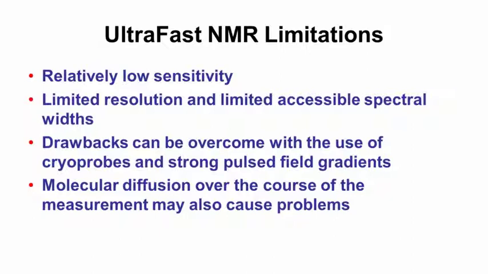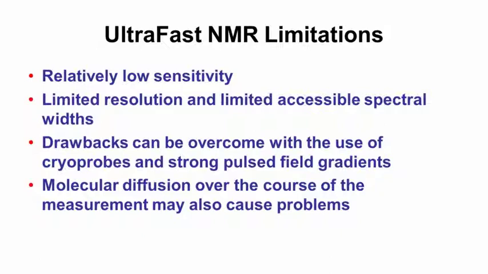But with better technology now, things like cryoprobes, stronger pulse field gradients, you can overcome some of these problems, or in fact many of these problems. So that right now, really the only limitation is typically the diffusion of something that's homogeneous bouncing around that can cause some of the problems with the measurement.